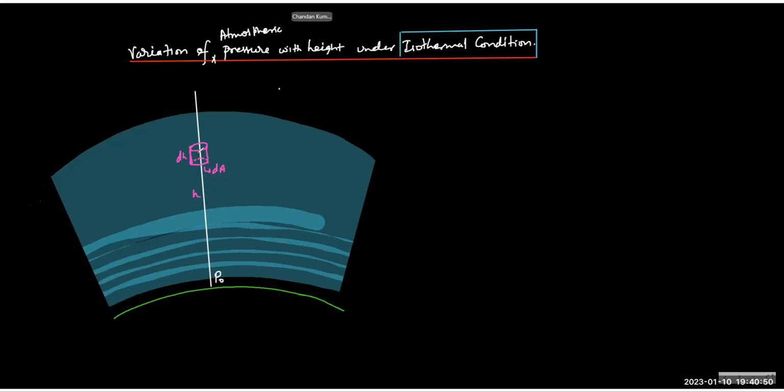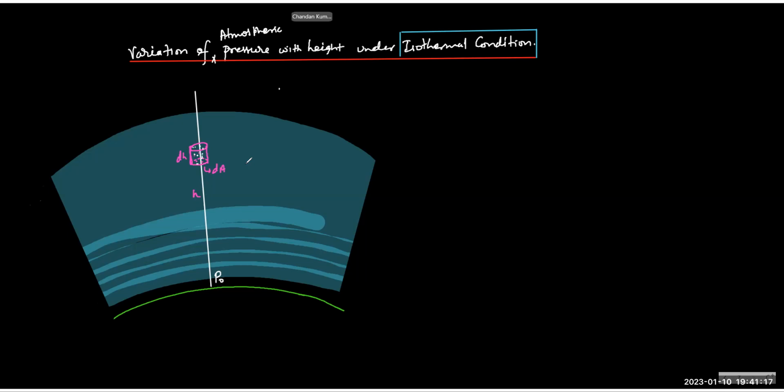And this air trapped in this cylinder, is it at equilibrium, yes or no? Is that cylinder going up or down? Or is that air at the same location all the time, ignoring the turbulence?